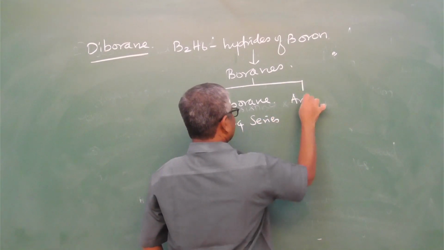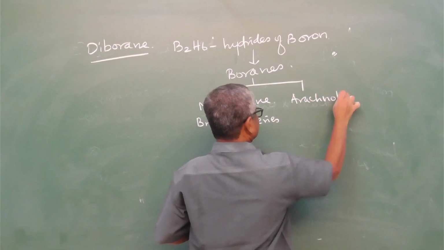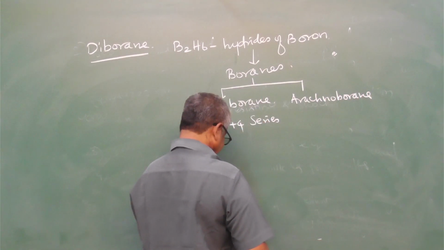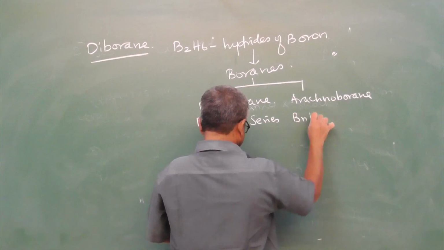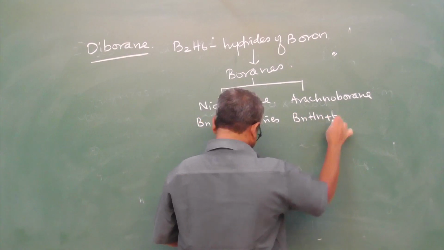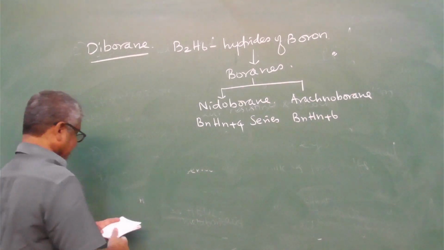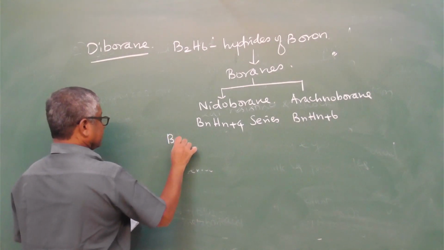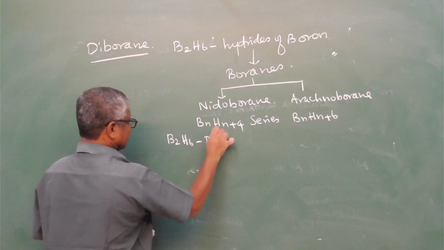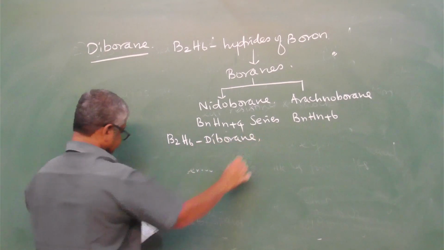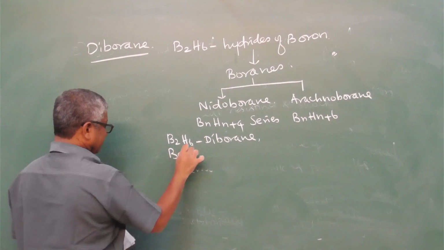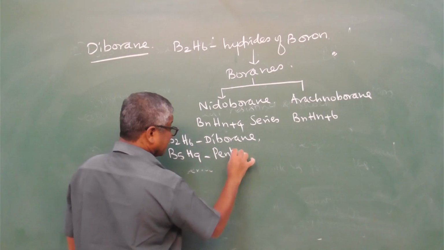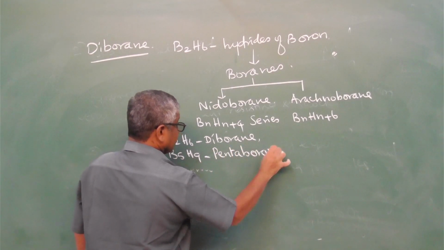Second is arachnoborane, with the general formula BnHn+6. Examples for the nidoborane: B2H6 is called diborane. B5H9 is called pentaborane.